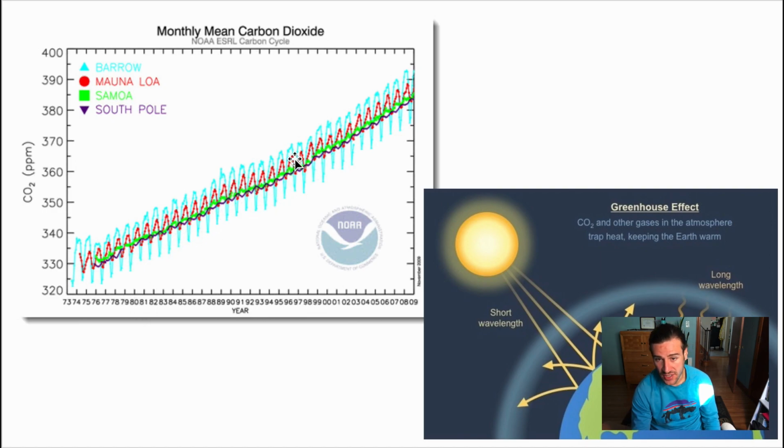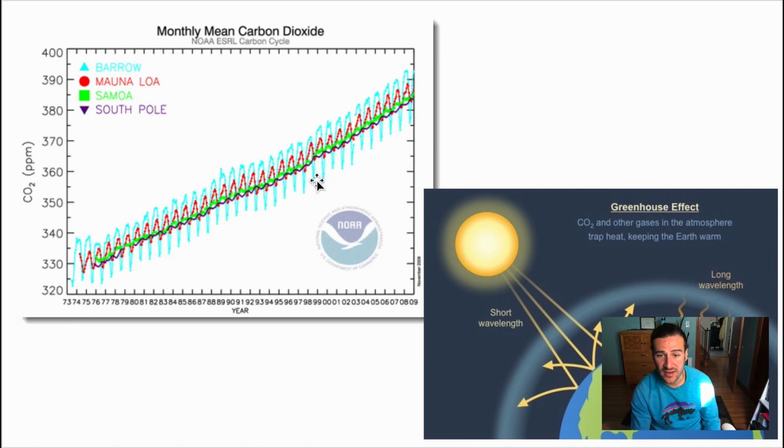The oscillation has to do with the seasonality of carbon sequestration. So during the growing season, you're going to have a lot of plants soaking up that CO2. So each of these valleys is the growing season, which is when plants are going to soak up the most CO2.